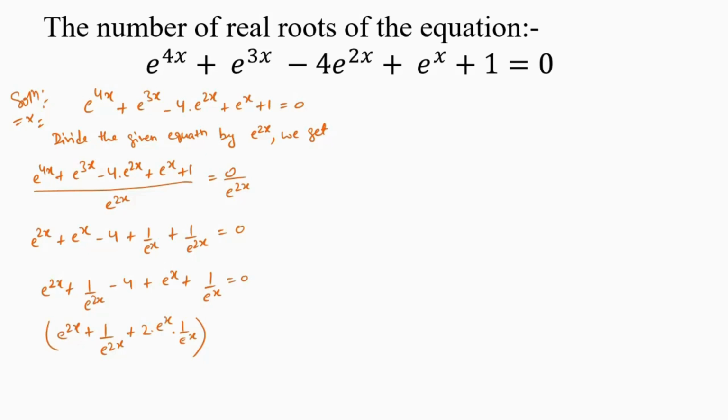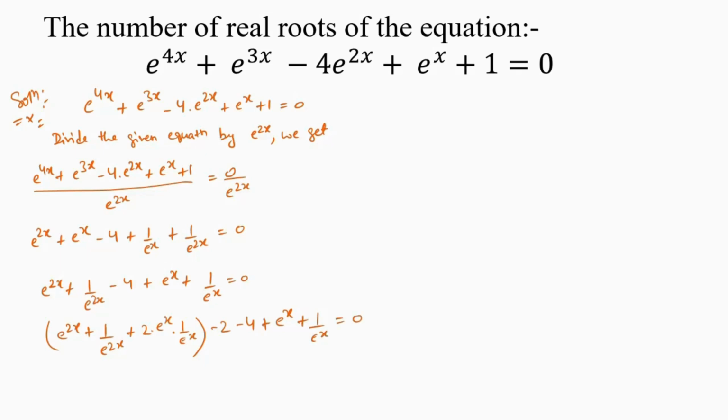Since e raised to the power x times 1 over e raised to the power x cancels out, we get effectively 2. Since we have added 2 to this equation, we have to subtract 2 from it, and further minus 4 plus e raised to the power x plus 1 over e raised to the power x equals 0.